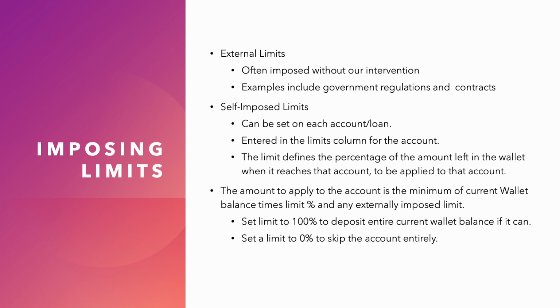The limit you set on an account defines the percentage of the amount left in the wallet when it reaches that account to be applied to that account. You would set a limit to 100% to deposit the entire current wallet balance, if it can, still up to any externally imposed limits, and you would set a limit to 0% to skip the account entirely.